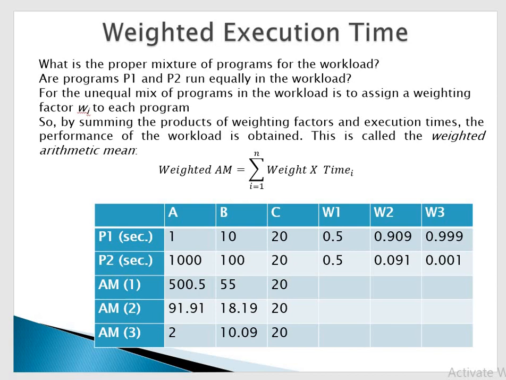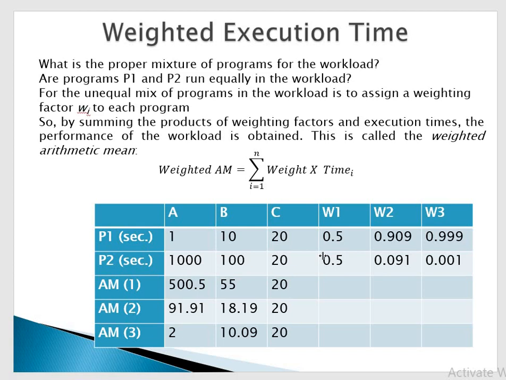If yes, then the weights will be 0.5 and 0.5, as given in weight 1. If we go with weight W1, we have assigned equal weight to the two different programs. So under this assumption, we are assuming that P1 and P2 run equally in the workload.